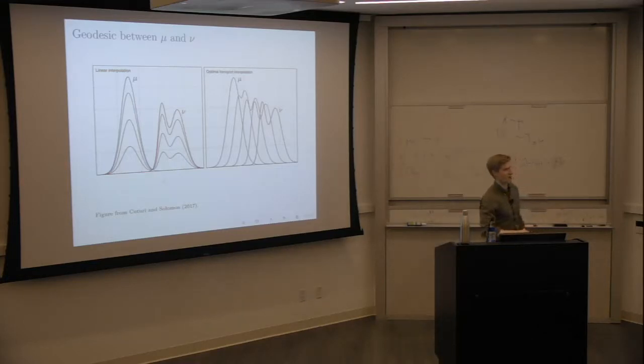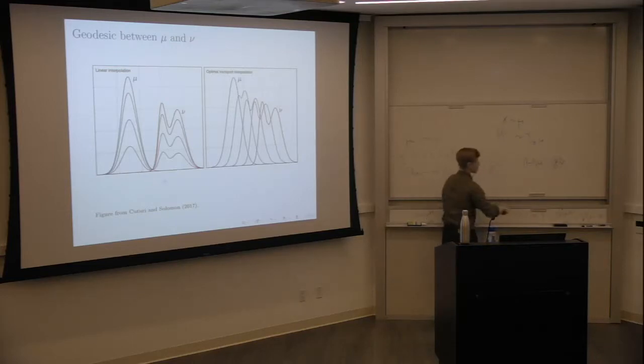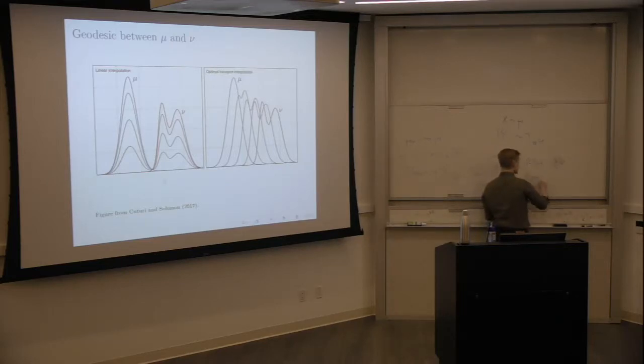I haven't defined exactly what the optimal transport interpolation between mu and nu is, but in this case it happens to be (1 minus lambda) times the identity map plus lambda times T, and you push mu forward using this map, right?